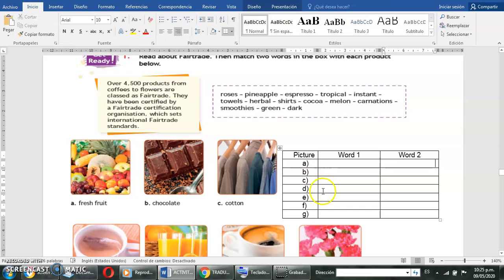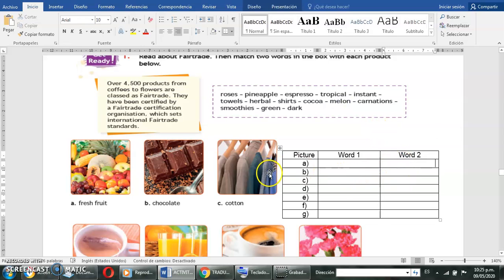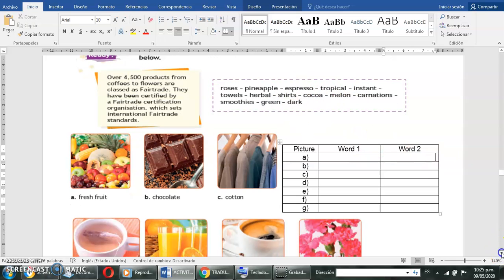For example, the fresh fruits. Possible the word number 1, pineapple, or another, melon, number 2, melon. That is the idea. For every product you have to write two words from this box.